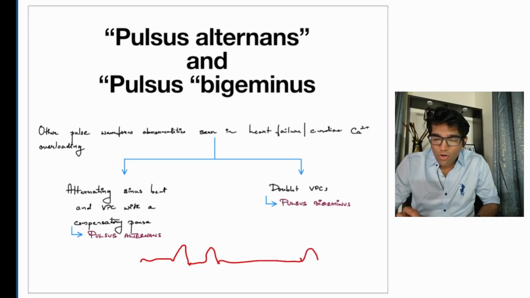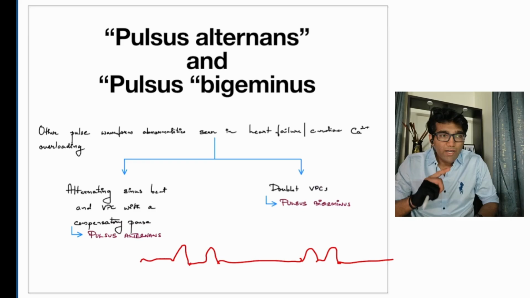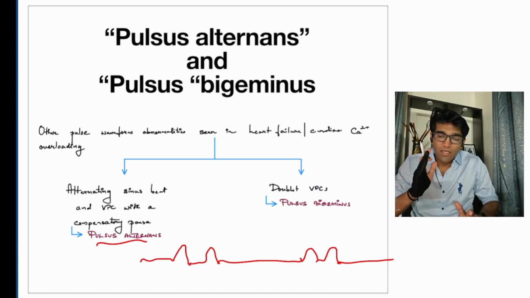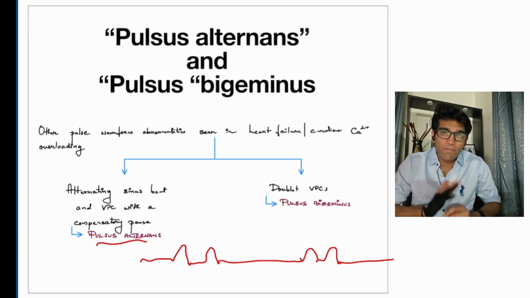And then again you have a normal pulse, a pulse due to a VPC, and again a pause. So you get two pulses. Now these two pulses are both in systole, but they are in two separate systoles, unlike bisferiens pulse. So that is what we call a pulsus alternans, and it reflects a sinus rhythm patient having intervening VPCs that are causing a compensatory pause.